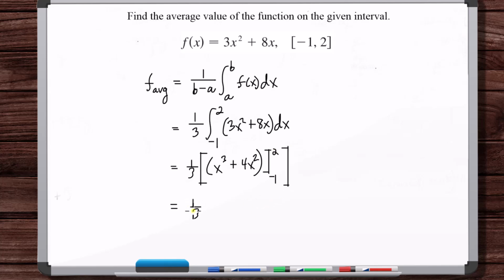Plugging in 2, you get 8 plus 16, minus, and then minus 1 plus 4.